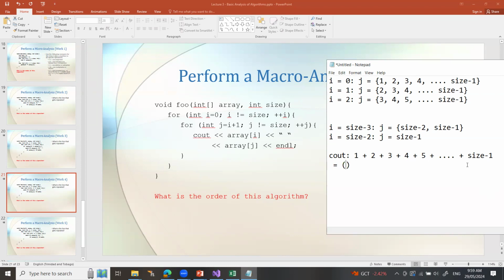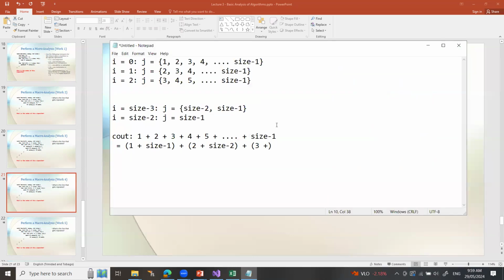Okay, so using the sum rules, if you add this 1 to size minus 1, and then you add this 2 to size minus 2, plus 3, plus, I'll move this across so I have more space to put size minus 3 plus, onward.